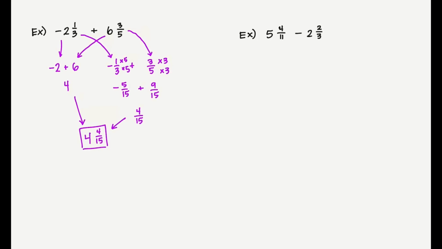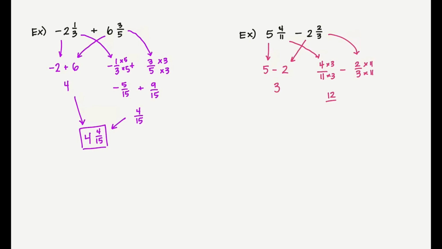Here we go. 5 and 4/11 minus 2 and 2/3. So let's do our 5 minus 2. We'll combine the parts. And then I have 4/11 minus 2/3. Okay, I'm going to multiply the first by 3 over 3 and the second by 11 over 11.